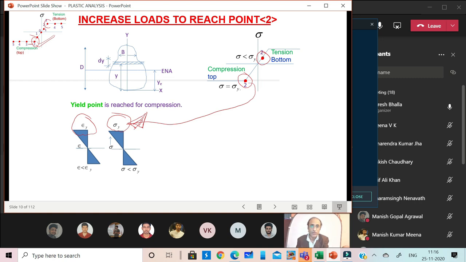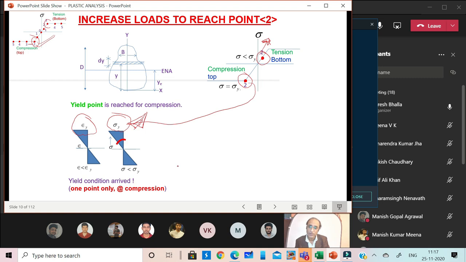At the bottom we still have some scope of further increasing the stress till it reaches the yield point, but at the top, that is compression, it has reached the exact yield point. If we increase the load further, then the top portion will definitely go into the plastic zone. Alright. So we have reached yield condition at one point.